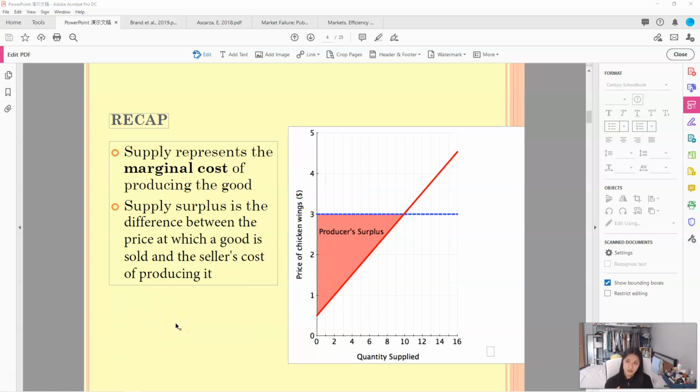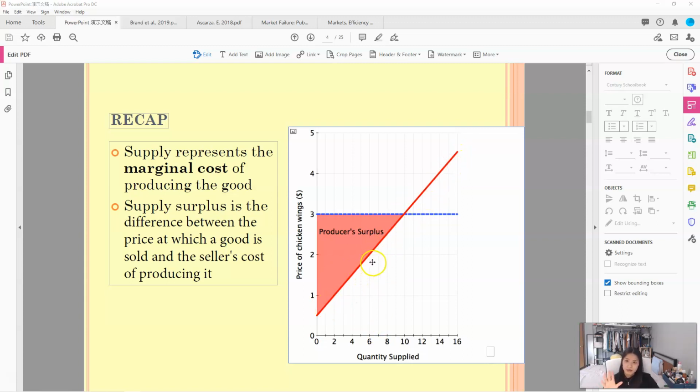The next concept is supply, and we define supply as the marginal cost of producing the good. The supply curve is the red line on this graph.